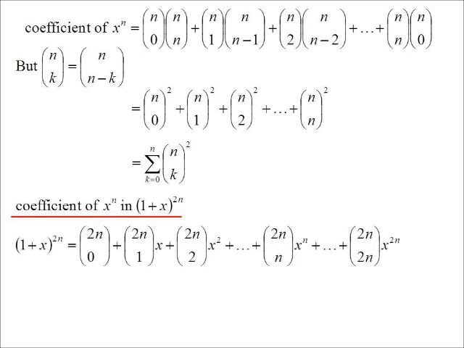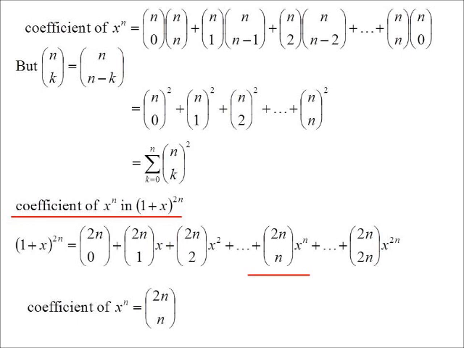So it would go 2nC0, 2nC1 x, 2nC2 x squared, and so on. Somewhere in the middle, there'd be a term that goes 2nCn x to the power of n. So in that whole expansion, there's only one term that's x to the power of n. So the coefficient in the right-hand side would be 2nCn.